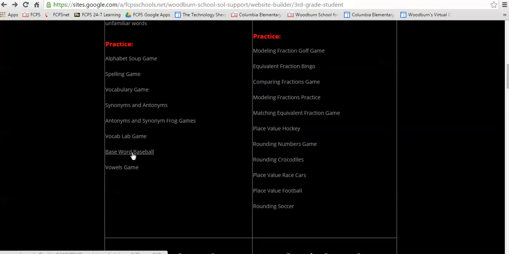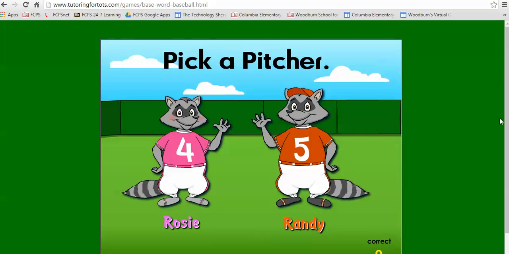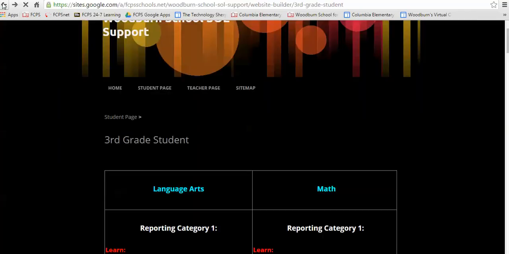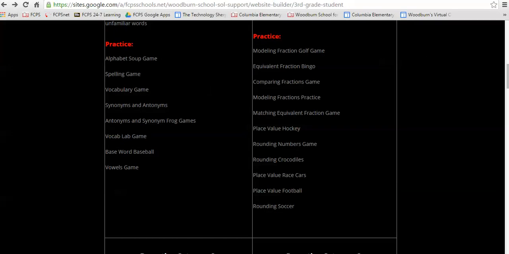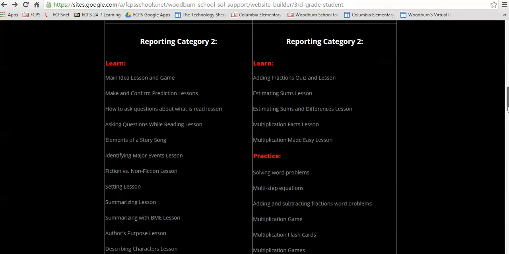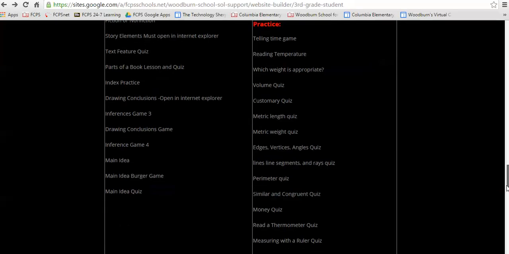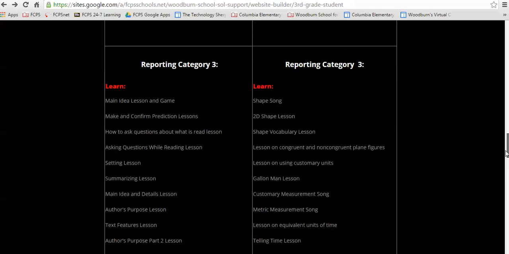So they can go on here and get some practice with base words, play a little base word baseball. Okay? Going to go back here and use the arrow again. So there's just some opportunities for independent practice. All right, and again, this is third grade, I have it for all the different reported categories, and I have the same thing for the other grades as well, fourth and fifth.